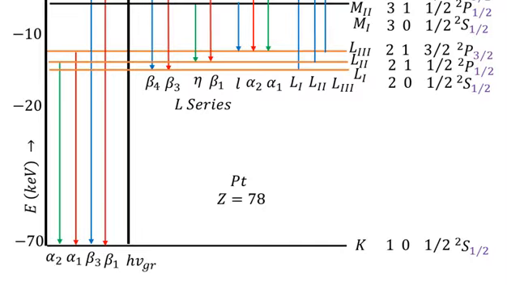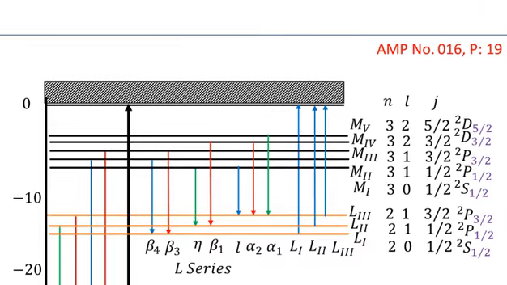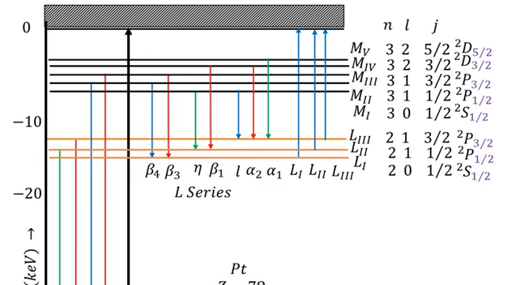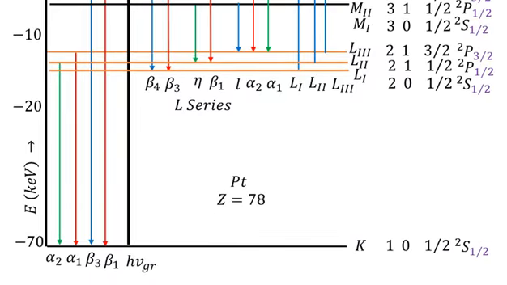So I have explained all these transitions with the historical symbols used to designate them. But in today's spectroscopic data, these levels are not explained with the conventional symbols, but you can label them as K alpha, K beta, K gamma, K delta, and so on. Similarly, for the L series, you can refer to them as L alpha, L beta, L gamma, L delta, and so on. Similarly for the M series, N series, O series, etc.